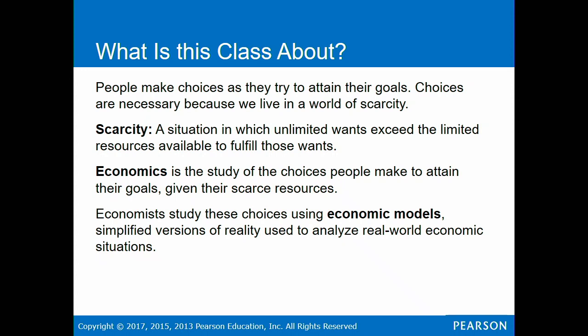So we're going to use economic models, simplified versions of reality, so we can analyze real-world situations. The most common one we'll use is just supply and demand. You don't need to write this down yet because it'll be in enough future slides.